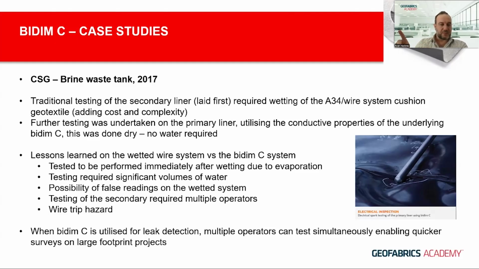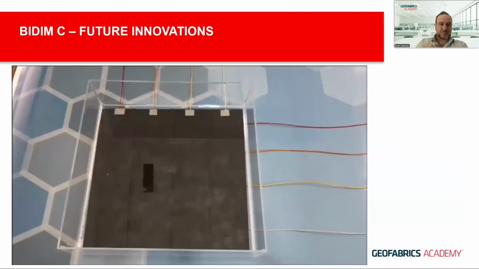But on the primary liner, when the conductive geotextile was utilized, there were multiple operators that could run simultaneously. So that's obviously a benefit in terms of enabling quicker surveys on larger footprint projects.